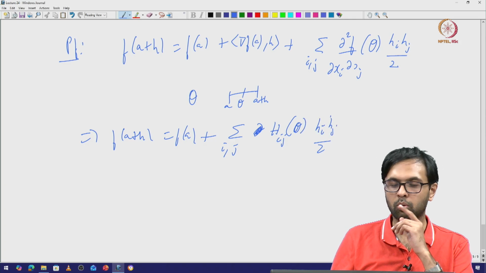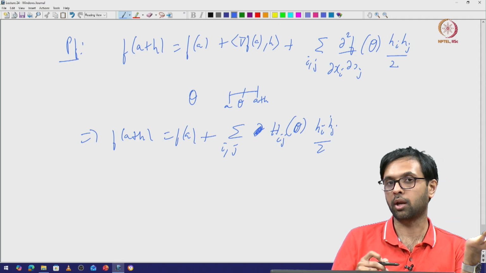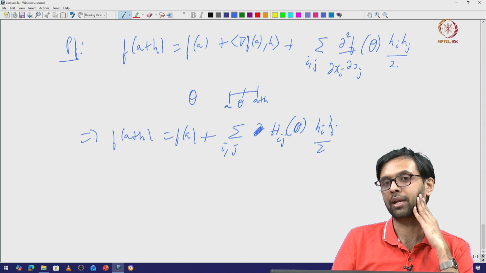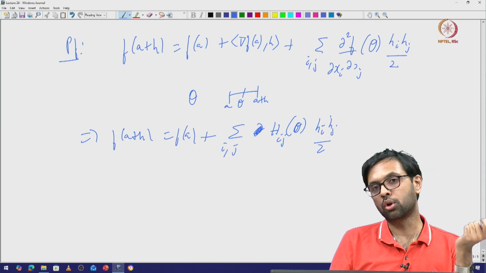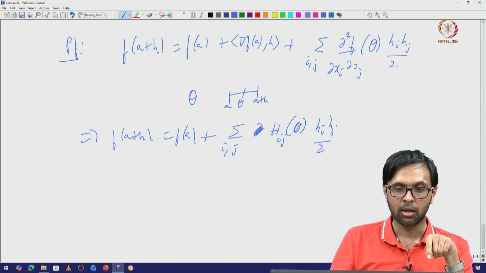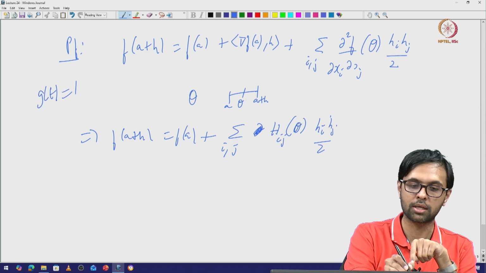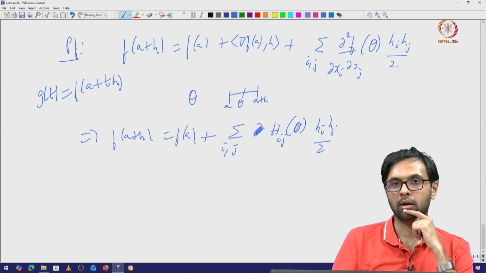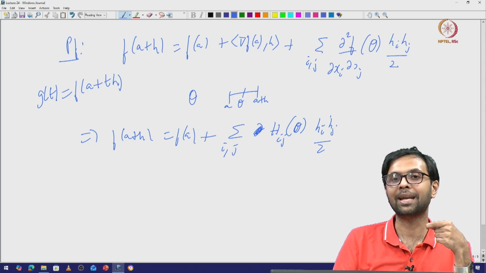Now, note one small point here. We've already assumed the gradient of f at a is 0, but if a is a local extremum, then automatically the gradient of f at a is 0. Why? By simply taking the one-variable function g(t) as f(a+th), this function assumes a local extremum at t equals 0.